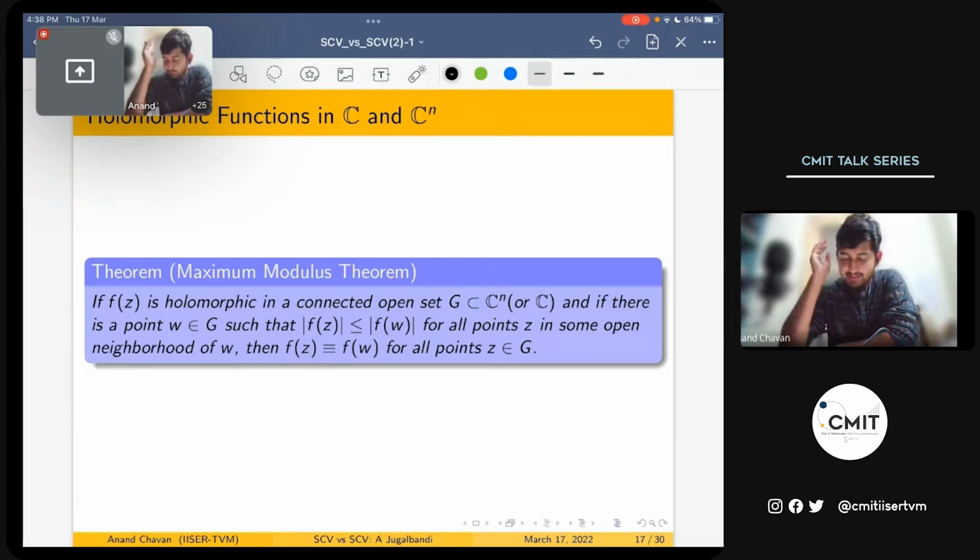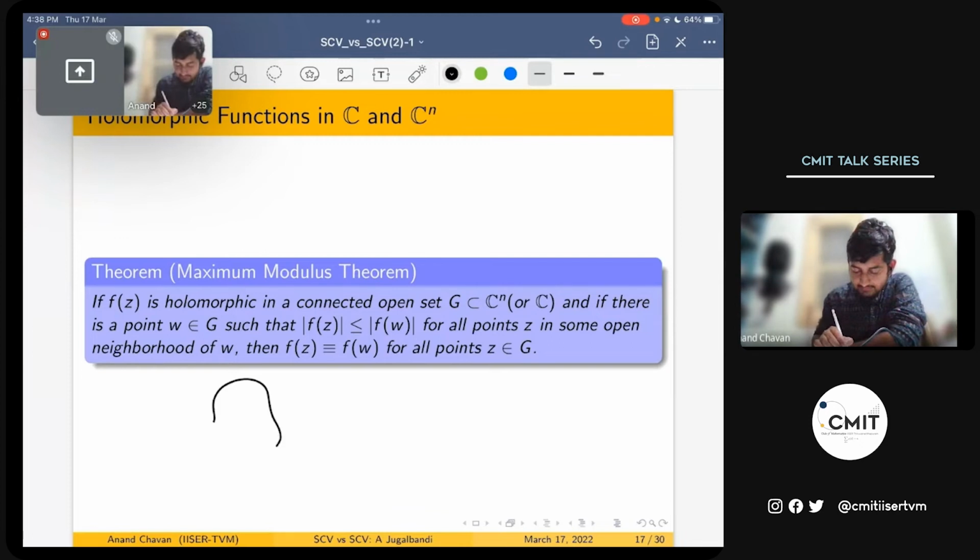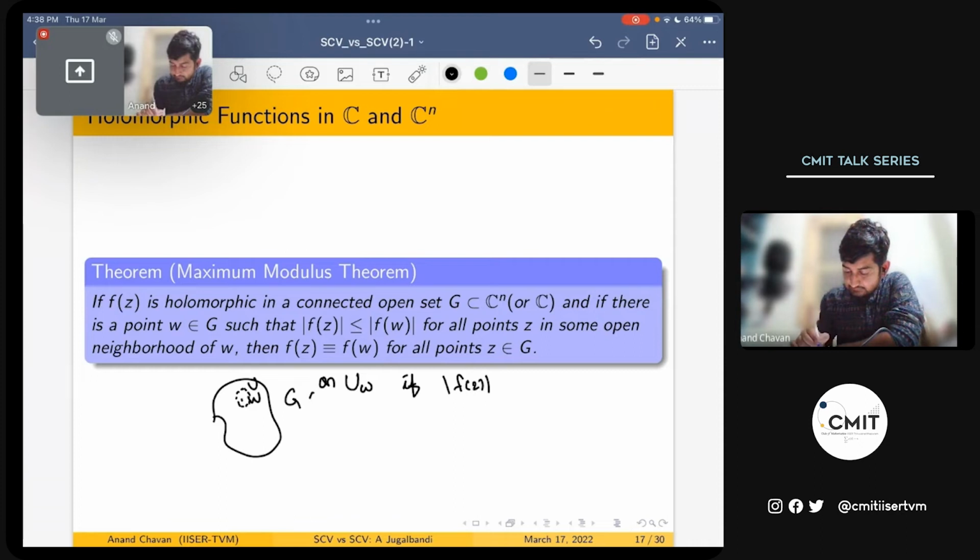So which means that if I have a set G, and if I have a point W, and suppose I have a neighborhood, say U of W, on U of W, if the modulus of f of z is less than or equal to the modulus of f of W, then it says that the function is basically constant.